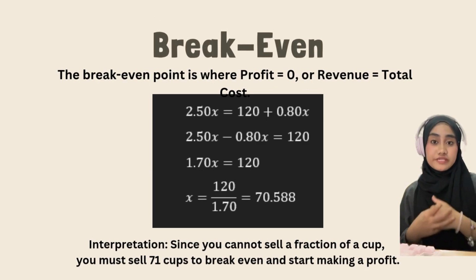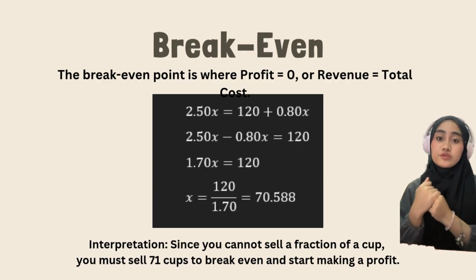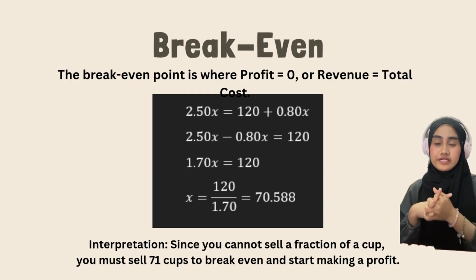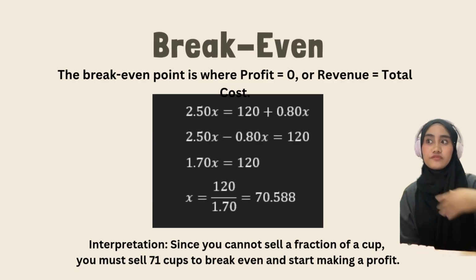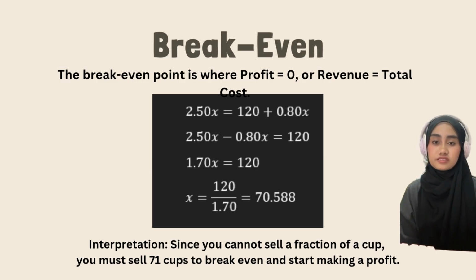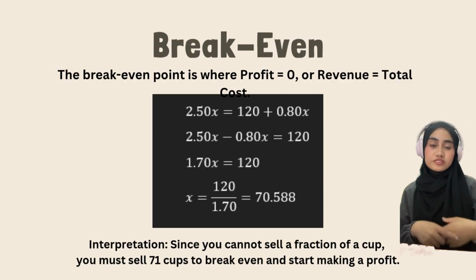The next one is break-even. The break-even is the point where profit equals 0, or revenue equals total cost. The break-even that we get is 2.50x equals 120 plus 0.80x. Then 2.50x minus 0.80x equals 120, and you will get 1.70x equals 120.